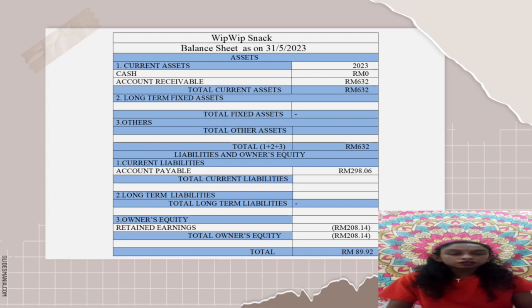Next, owner's equity, retained earnings, total will be RM208.14. Total owners' equity will be 208.14. So total will be 89 ringgit 92 cents. So these are the balance sheets of the VIP snack department.